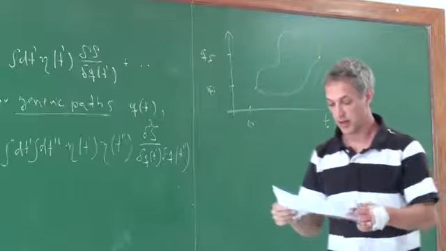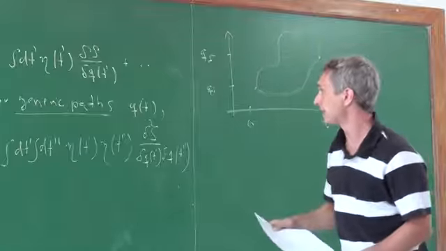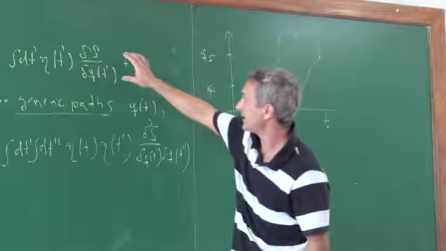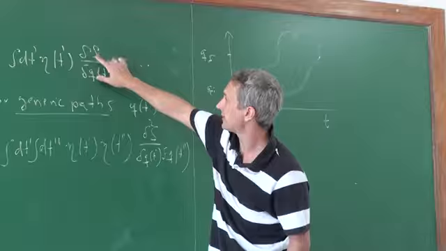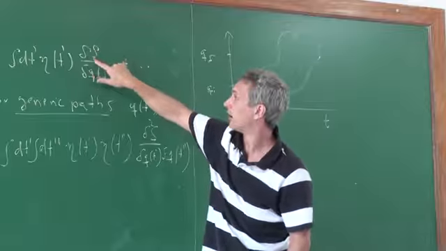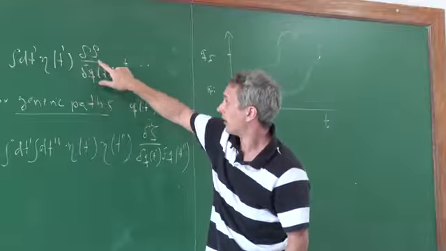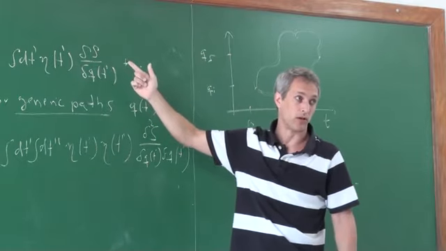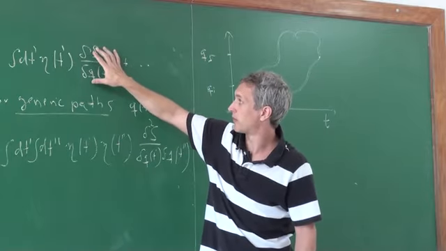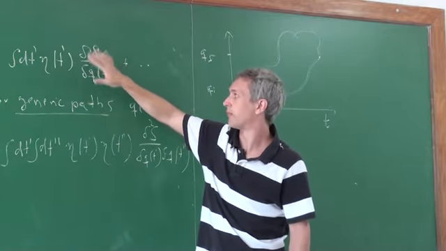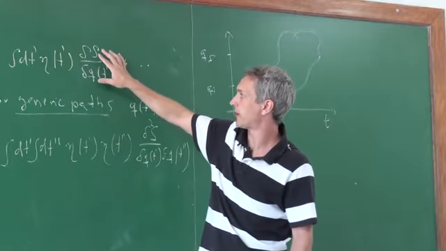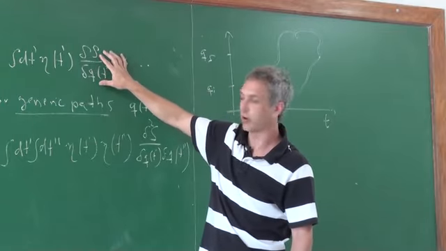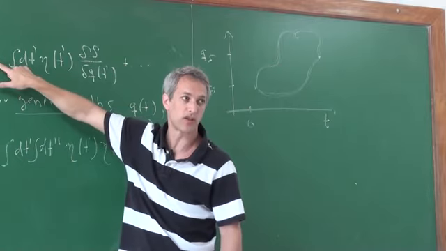So let's try to quantify this a little bit. This classical action is independent of h bar. If I integrate this, it will give me some number which is h bar independent. Here I have a factor 1 over h bar.